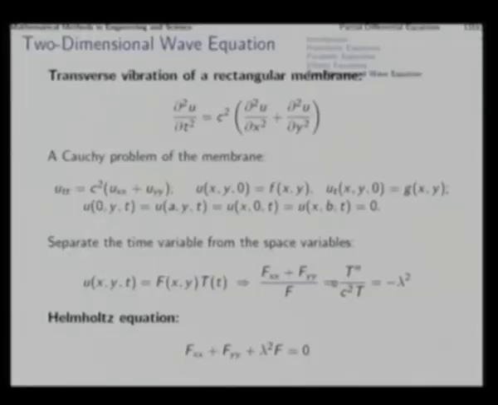Now, again we say that this side depends only on the space variables and this side depends only on the time variable. For both of them to be equal, they have to be equal to a constant. What kind of a constant?